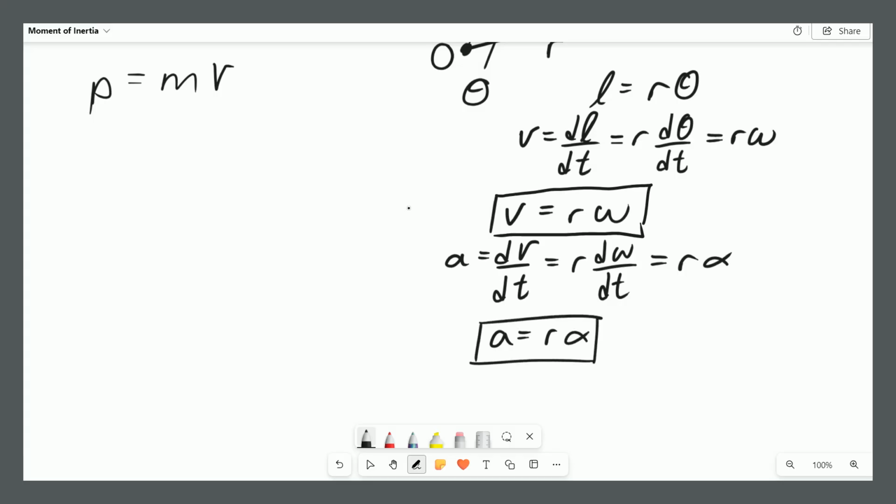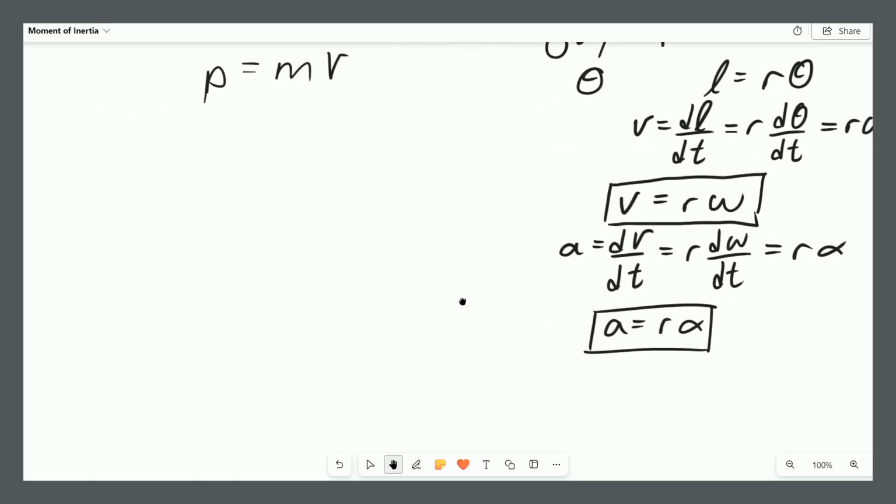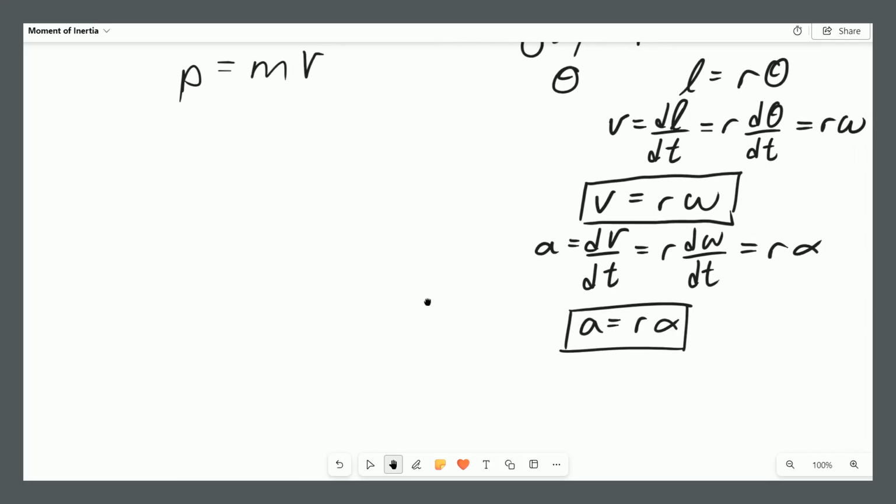And with these concepts, angular velocity and angular acceleration, we can actually see where moment of inertia comes from. So let's take kinetic energy, 1/2 mv squared. And instead of v, let's put in r omega.